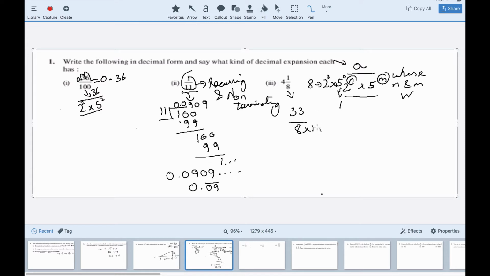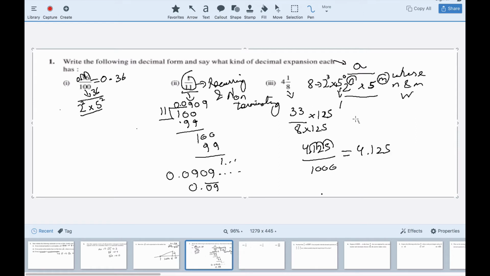I can simply convert it to a decimal like this, and when I multiply I will get 4125 upon 1000, which is 4.125. So it is a terminating decimal expansion.